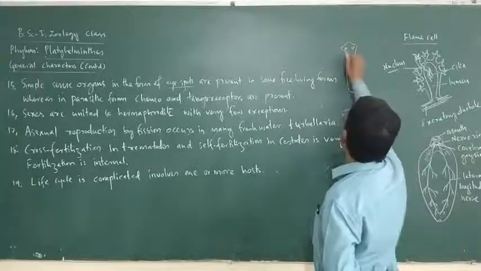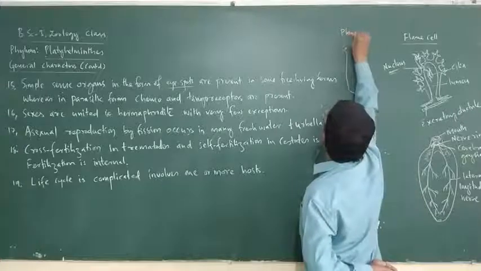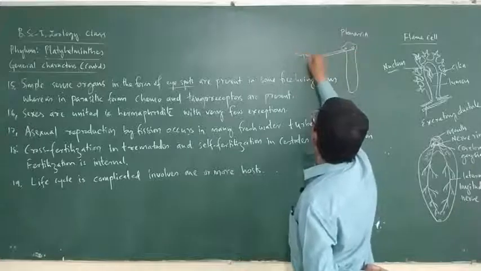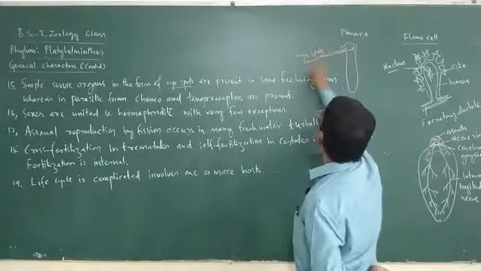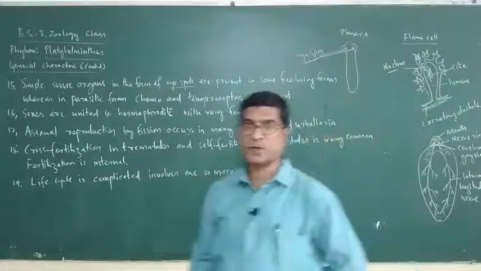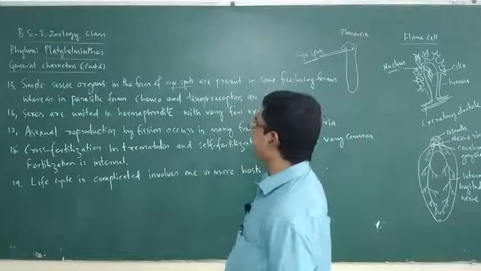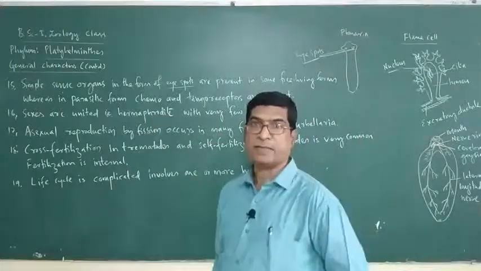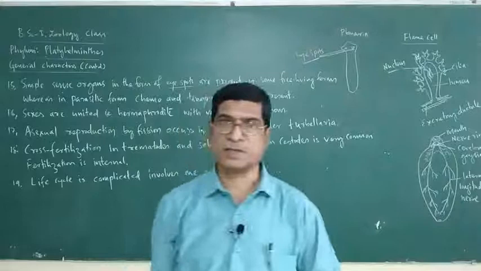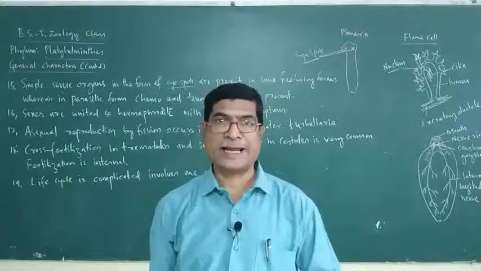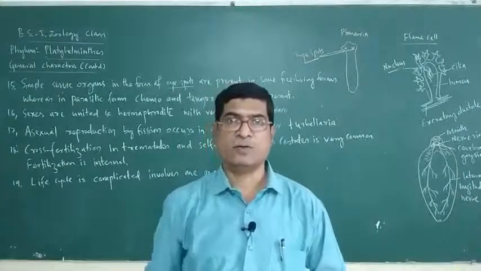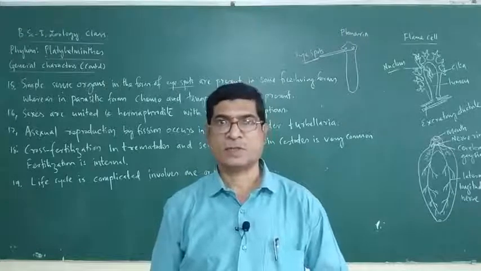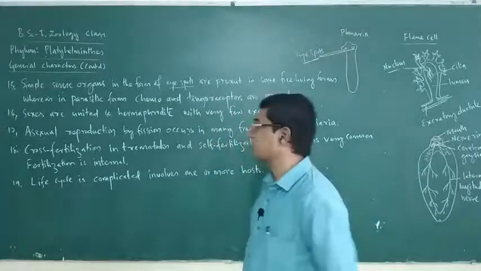So this is planaria, and these are eye spots. They are sensitive to light. Whereas in parasitic forms, chemoreceptors, sensitive to chemicals, and tangoreceptors, for touch, are present.